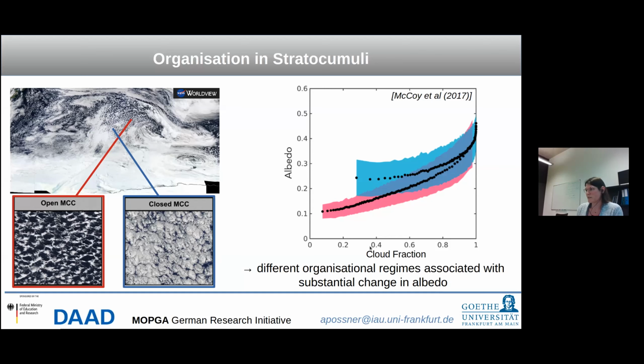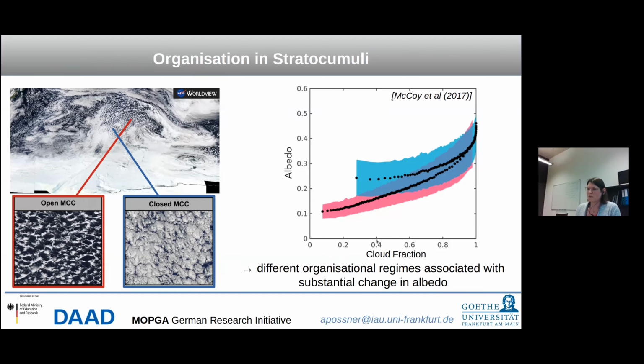And what Isabelle McCoy, the collaborator of this project, showed in previous work is that the reflectiveness of these clouds is impacted by how they organize. Now, in these images here, which show the organization, you go, well, of course, there's a lot less cloud coverage in this image than that, so that's maybe not surprising, but she stratifies for that.